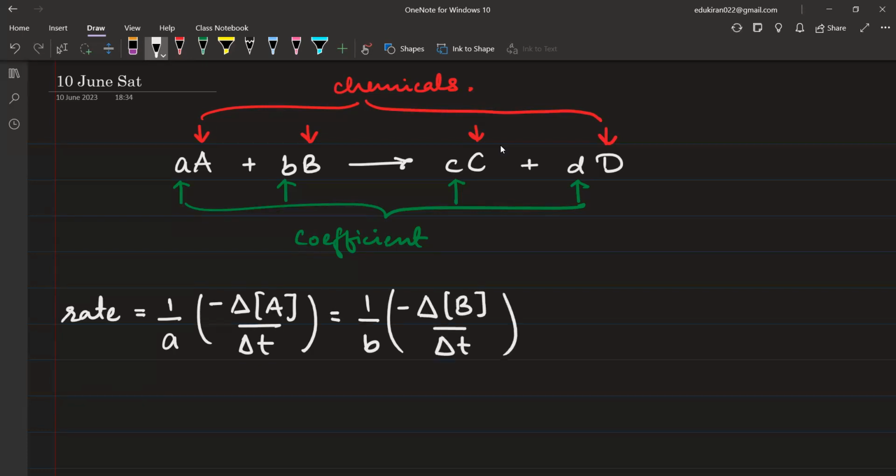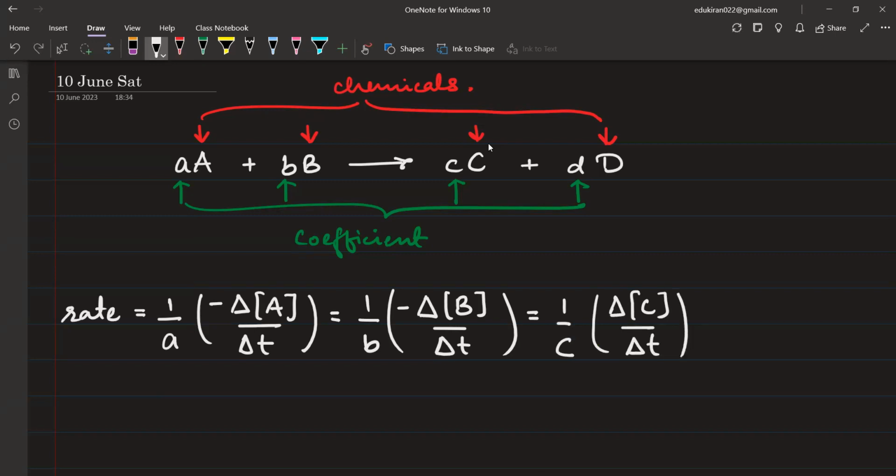Now, if minus sign represents reactant, what should be the sign for products, Saad? Plus. Plus, है ना? And 1 upon a, 1 upon b, उसी तरह से product के लिए क्या लिखेंगे? 1 upon c. Clear? And then we will have change in the concentration of C divided by change in time.